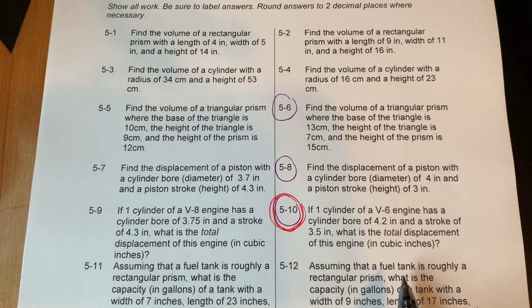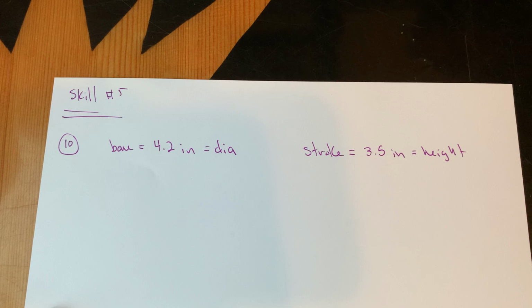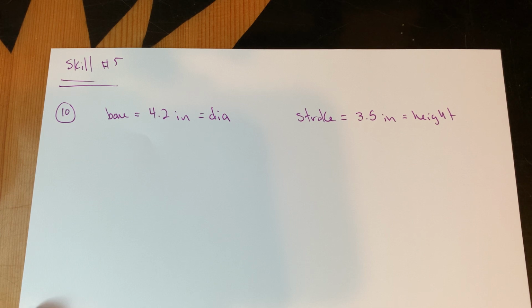The engine displacement, so let's read this question. If one cylinder of a V6 engine has a cylinder bore of 4.2 inches and a stroke of 3.5 inches, what is the total displacement of the engine in cubic inches? So what that means is total displacement is the displacement not just of an individual cylinder, but of all of the cylinders combined.